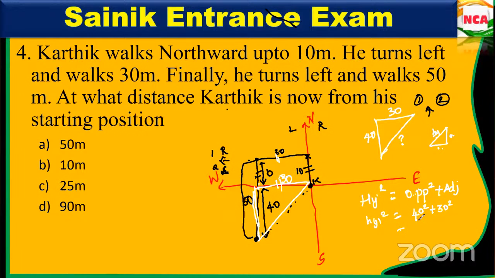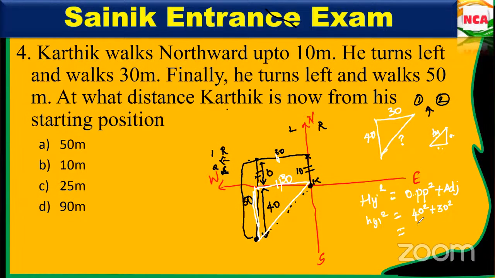Ma'am, 70 square. No, you can't add like that. You want to find the answers for the squares first, then you can go for addition.